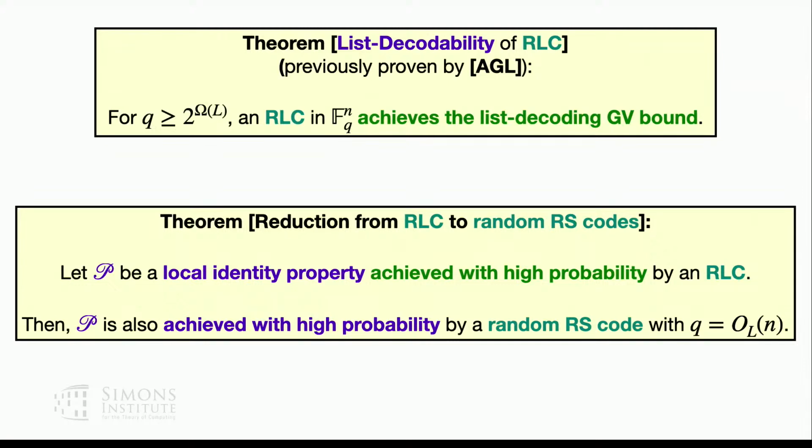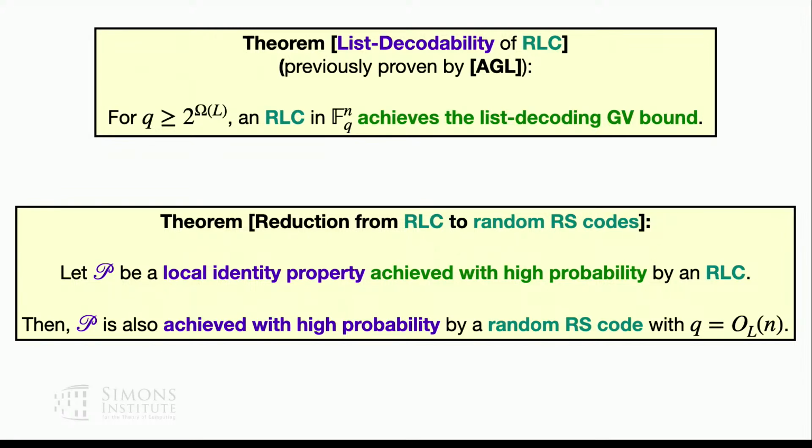And then the second theorem that we have is the reduction from random linear codes to random Reed-Solomon codes. So if we have a local identity property, now we're going back to list decoding and list recovery and everything together. Let P be a property that's achieved by a random linear code with high probability.